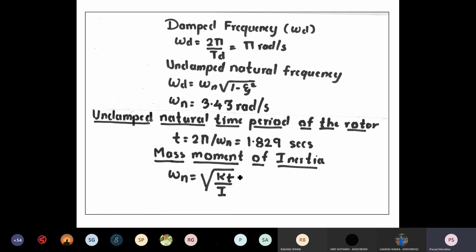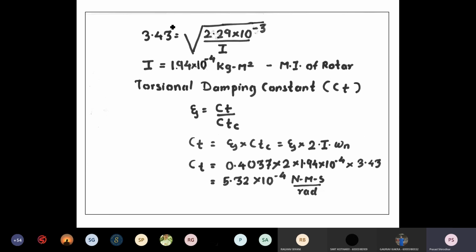So k torsional is known, omega n is known. Use this equation to calculate I.